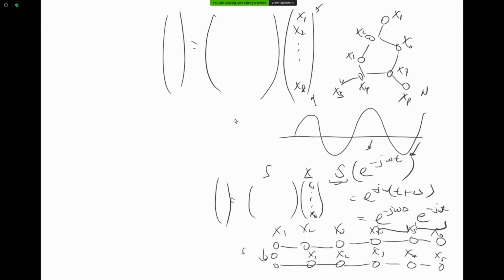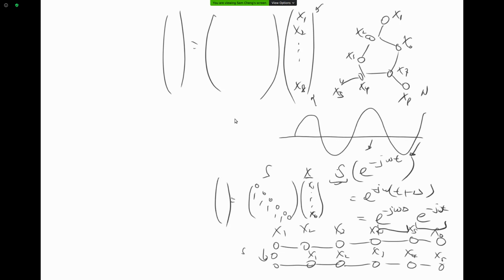This matrix is something like ones on the off-diagonal, and the diagonal is all zeros, and the rest are zeros as well.